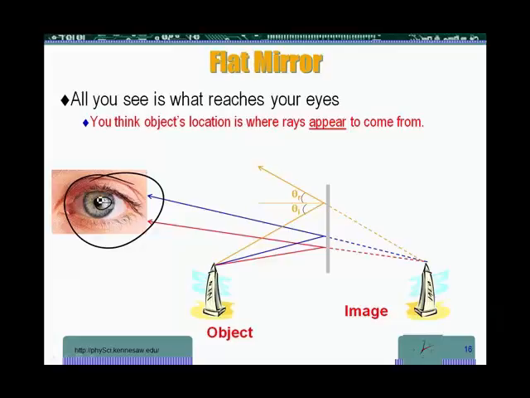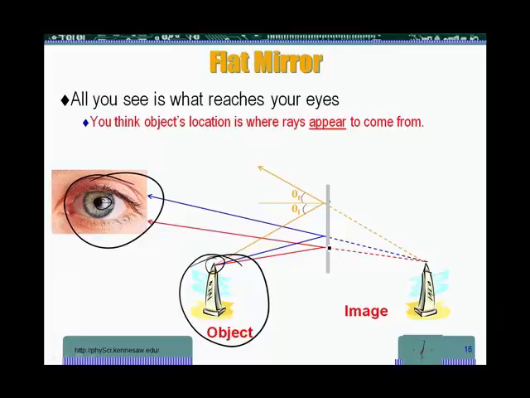Now, when we have mirrors, for example, if I have an object here in front of a mirror, light reflected off the object is going in all directions. If we take the tip here, it's reflecting light in all possible directions.